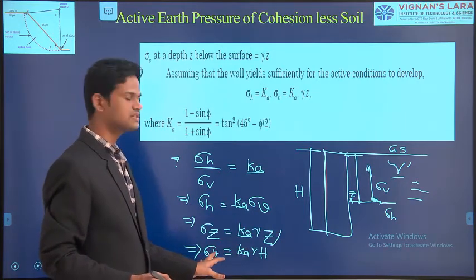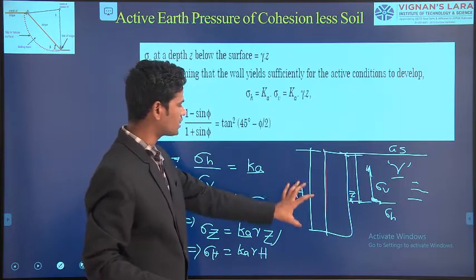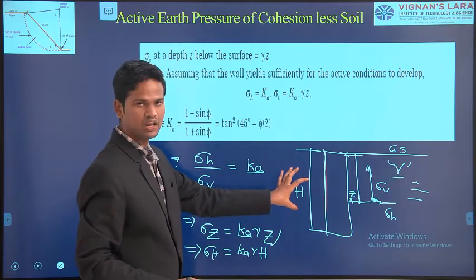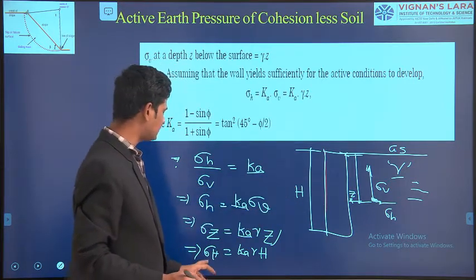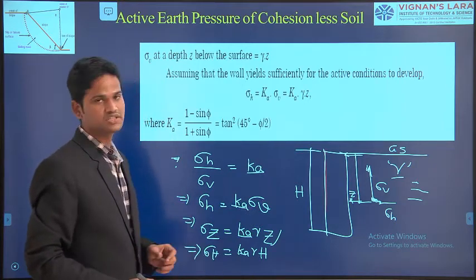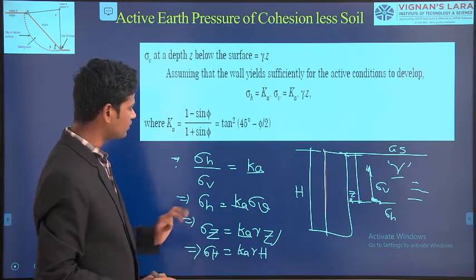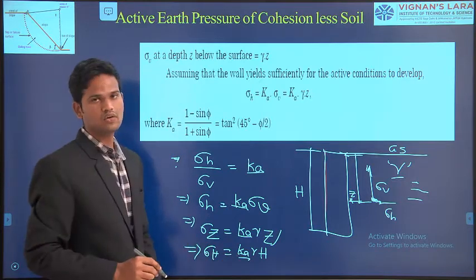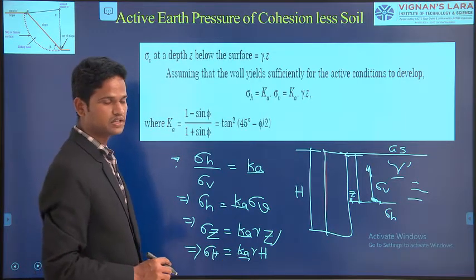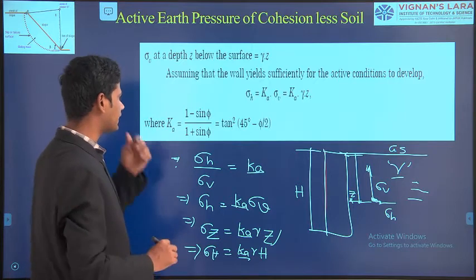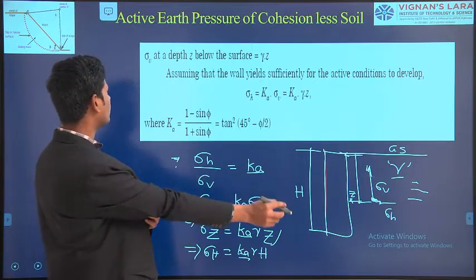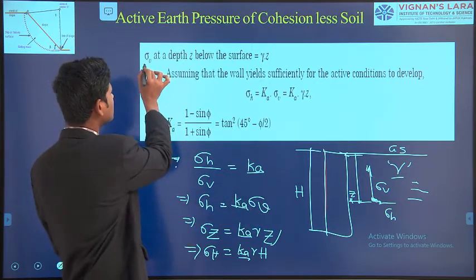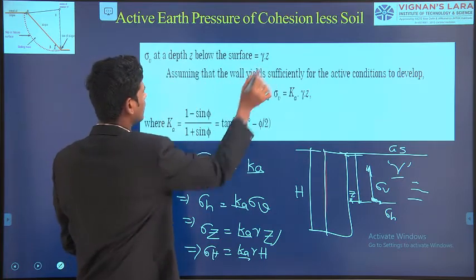Suppose we consider the total depth of the wall as H, then for this condition the horizontal pressure sigma h equals Ka into gamma H, where Ka is called the coefficient of earth pressure in the active state.